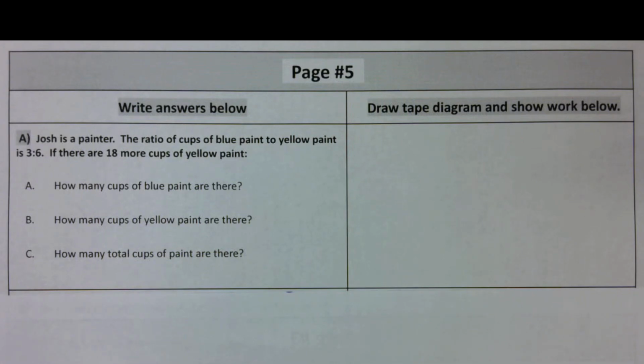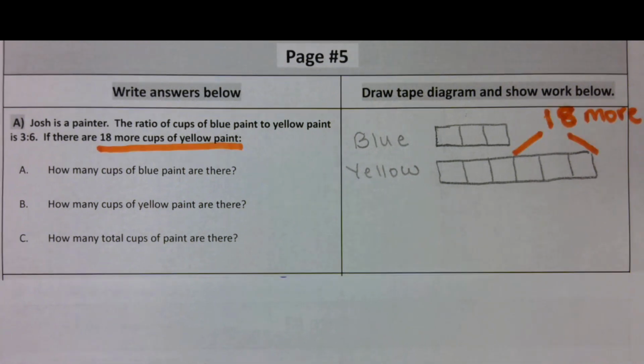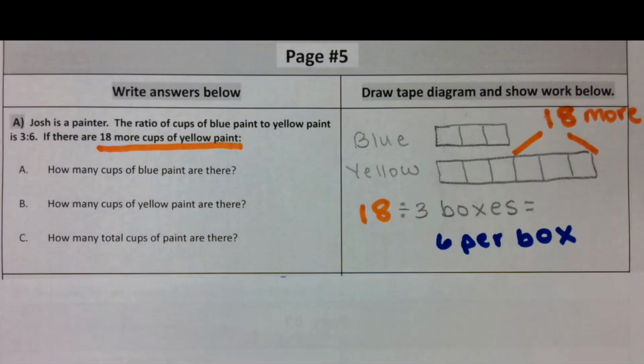Complete problem A on page number 5, then come back to the video to check your work. Step number 1. Step number 2. We split up that 18 equally into 3 boxes, so we get 6 per box.